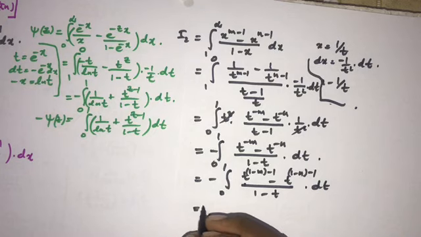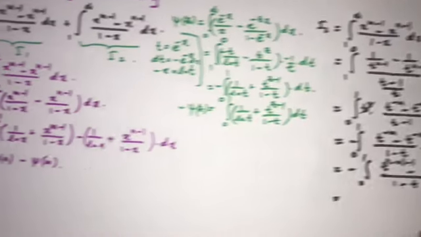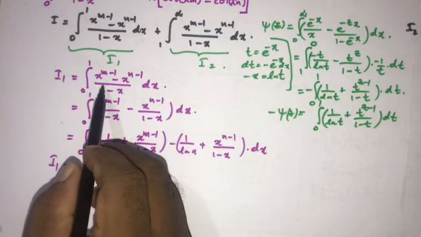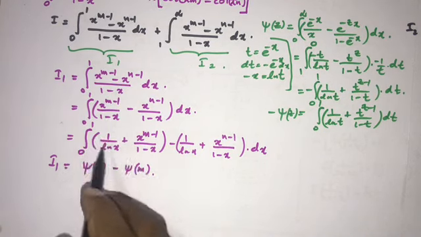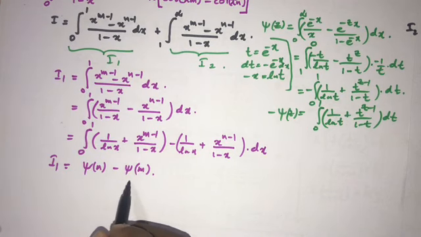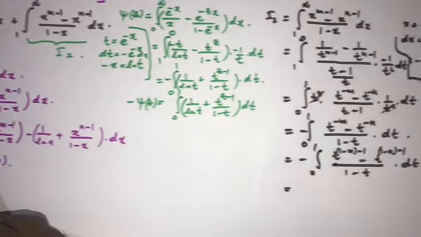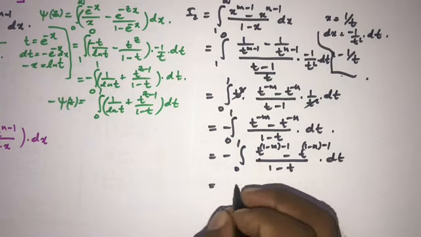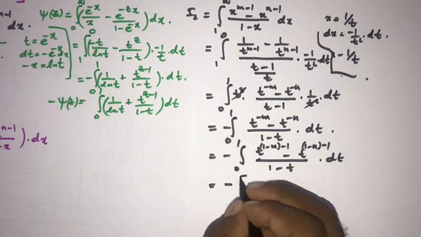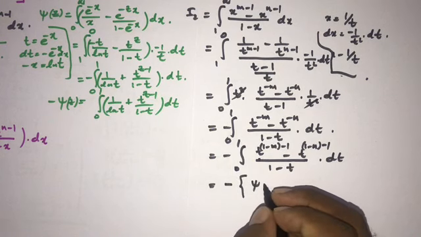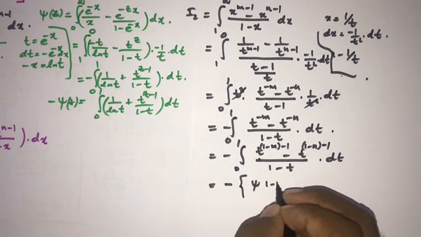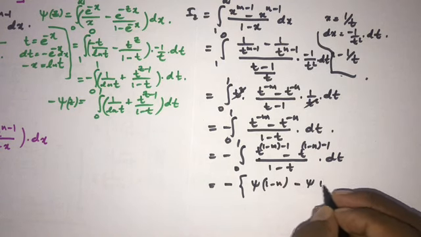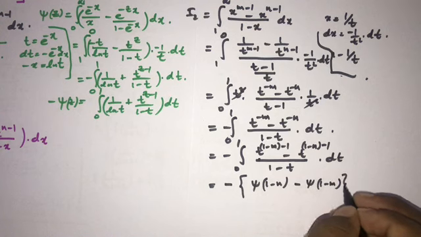Now this is familiar to us because we have this type of integral. So the final answer, same as this integral, we can write minus digamma of 1 minus n minus digamma of 1 minus m.